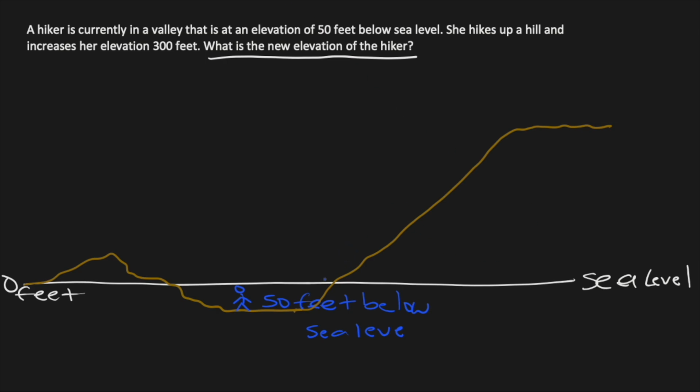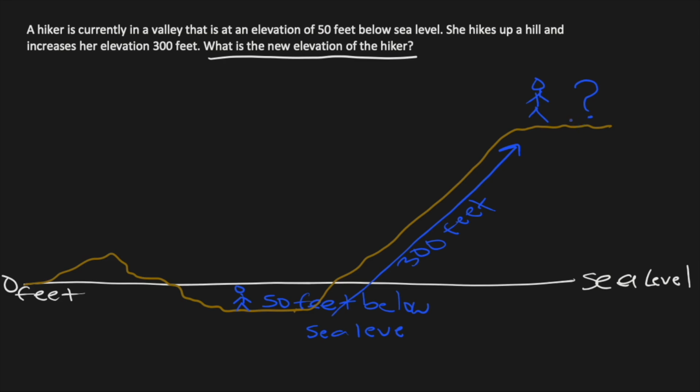So she increases, so this distance here, she increased by way of 300 feet. And now she's up here. Please pardon my drawing. So the question wants to know, what is her new elevation?